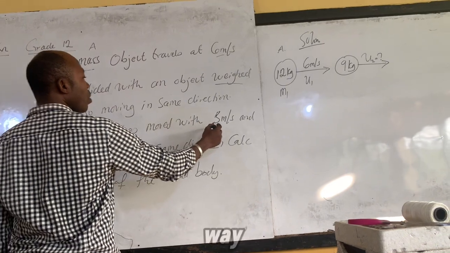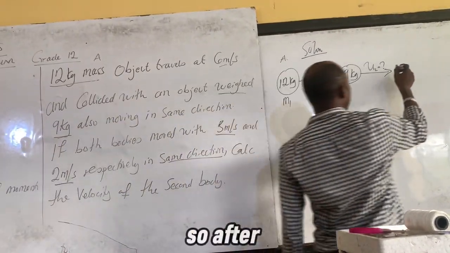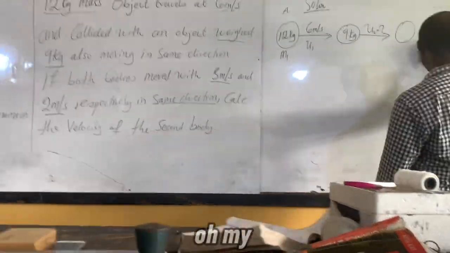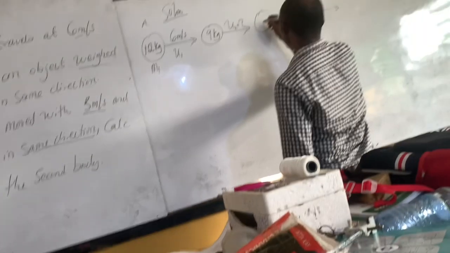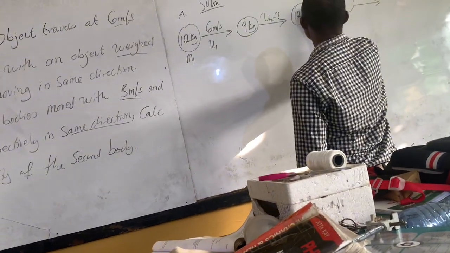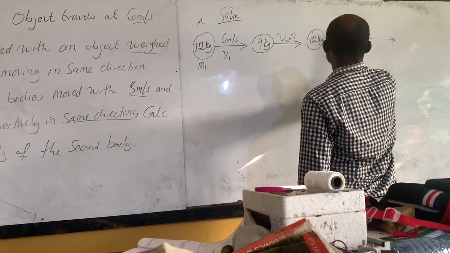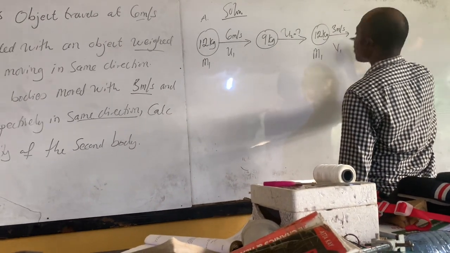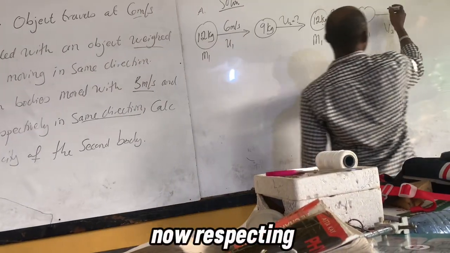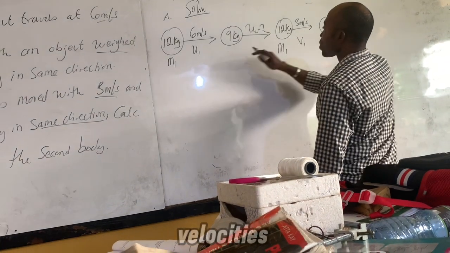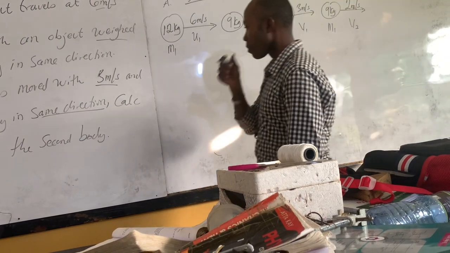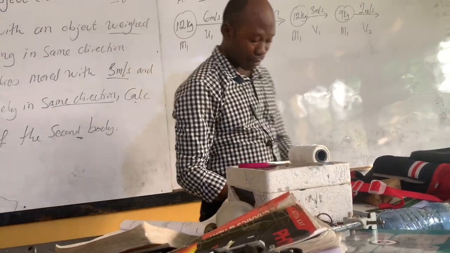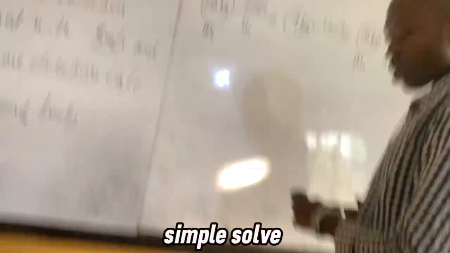If both bodies move with 3 meters per second and 2 meters per second, their respective velocities after collision, calculate the velocity of the second body. It's so simple. Solve this.